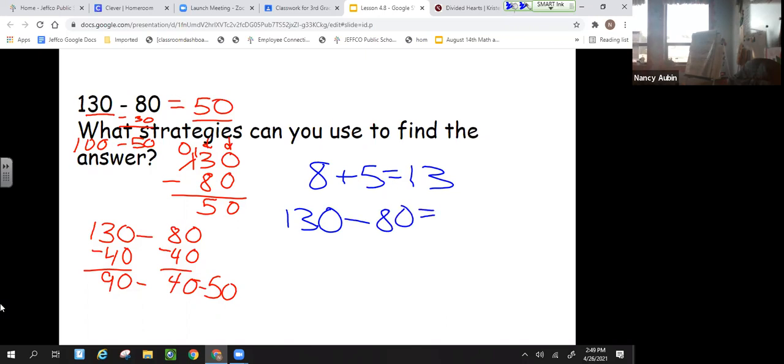So how did you figure it out? So then I just added zeros to all of them, and I got 50 plus 80 equals 130. Did you do 13 minus 8 is 5 because you know 8 plus 5 is 13? And then add the 0? Sure, you could have just looked at the 13 and the 8.